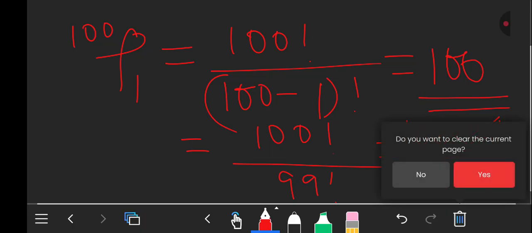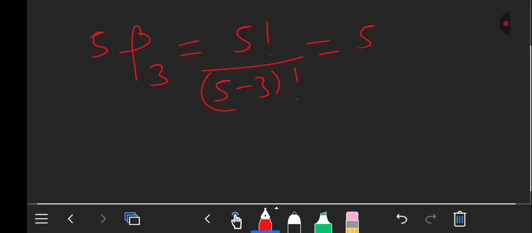So that's how you can evaluate permutation. Let's look at another example. Let's say you have 5 permutation 3. So 5 permutation 3 is 5 factorial over 5 minus 3 factorial. This will be equal to 5 factorial over 5 minus 3, that is 2 factorial.